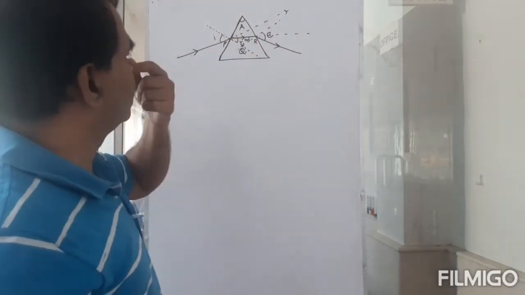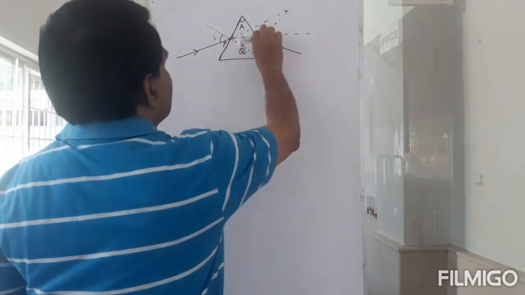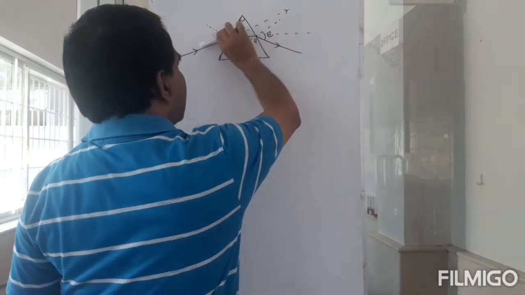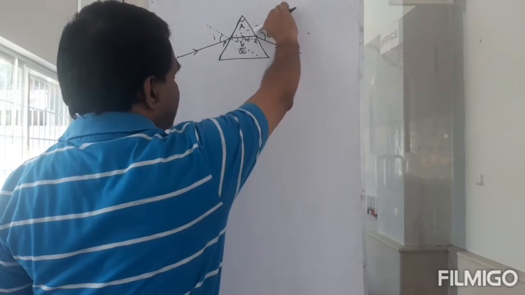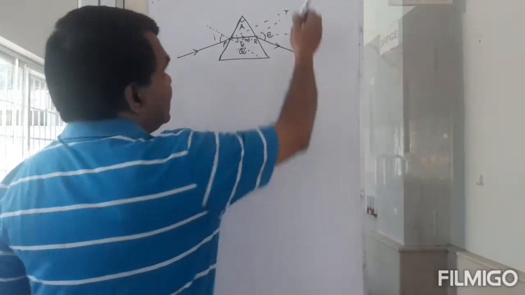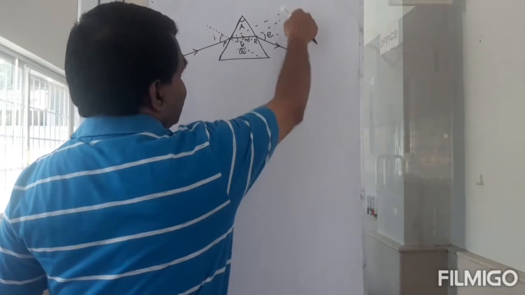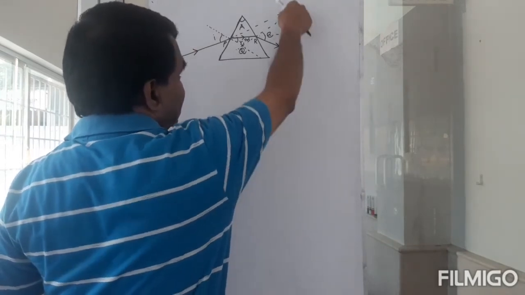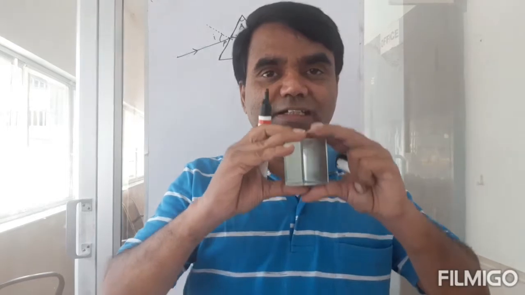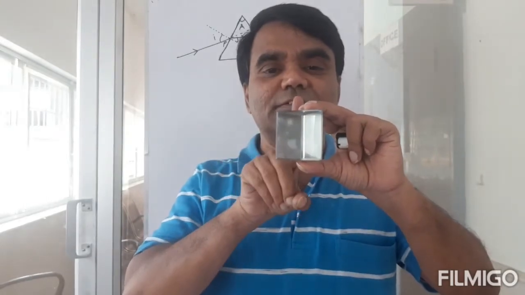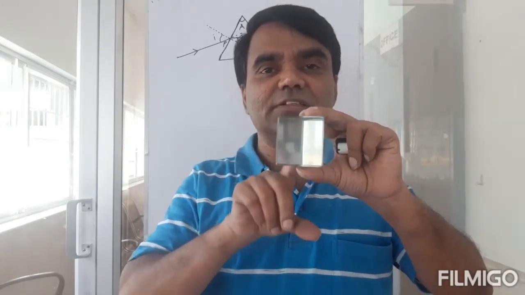But notice here, if this prism was not there, this ray would have gone straight. Because the prism is here, this ray seems to be bent, like my finger. My finger was actually here, but you saw the finger here, right? So there was a shift in the way you saw it.